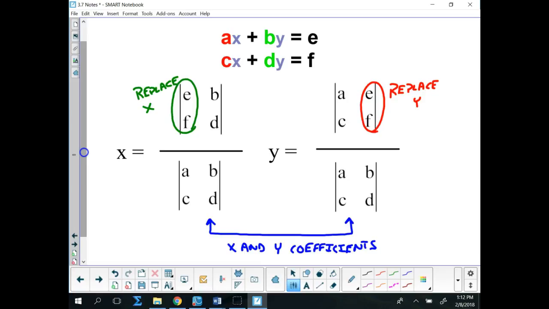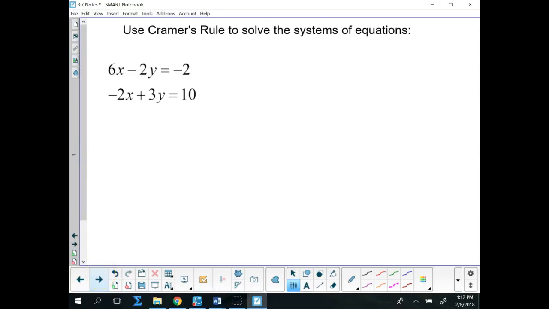Denominator is the coefficients of the variables. Replace whichever variable you're solving for, that column, replace them on top. Okay? So, I would like you to use Cramer's rule here to solve this system of equations. All right.